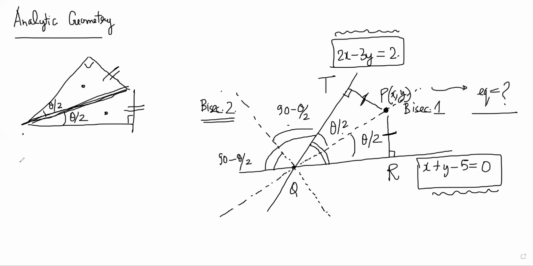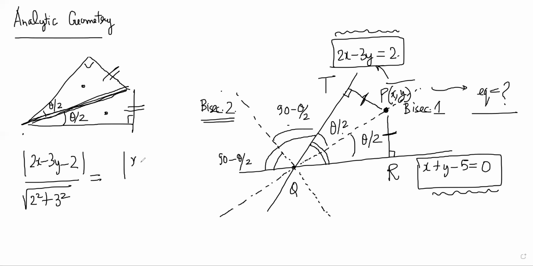So I can say the distance from x, y to this line would be |2x minus 3y minus 2| by root over 2 square plus 3 square, right? And that should be equal to the distance from x, y to this line, which will be |x plus y minus 5| by root over 1 plus 1. Correct?